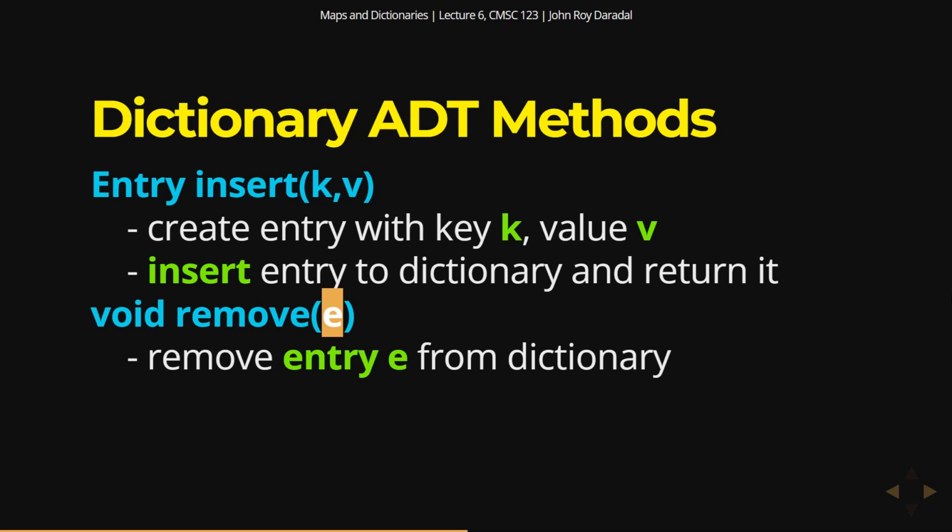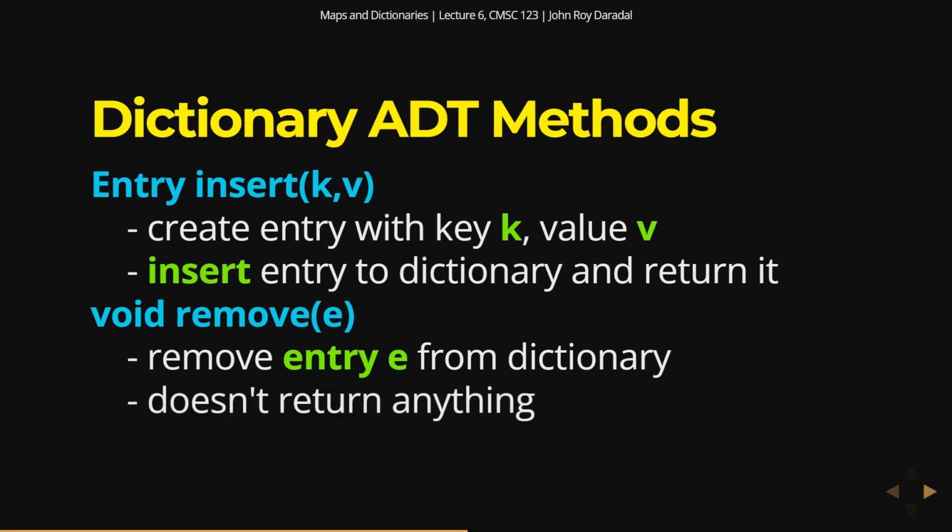Okay, but this time you need to pass in an entry e and not a key k, because there could be multiple entries with that key, right? So if you don't specify exactly which entry, then it might be confusing. Okay, so I'll show you later in an example. And you actually don't return anything. Okay, so that's why the return type here is void.